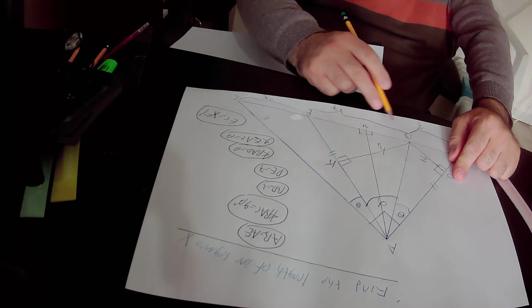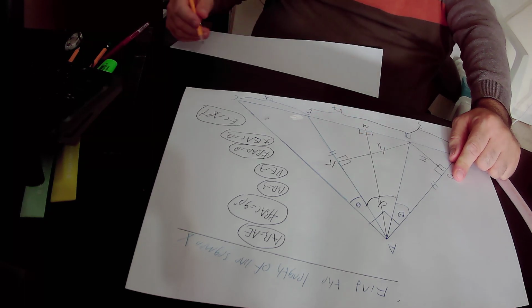Line segment DK will be equal to H2. So it is the base AE times the height H2 divided by 2.